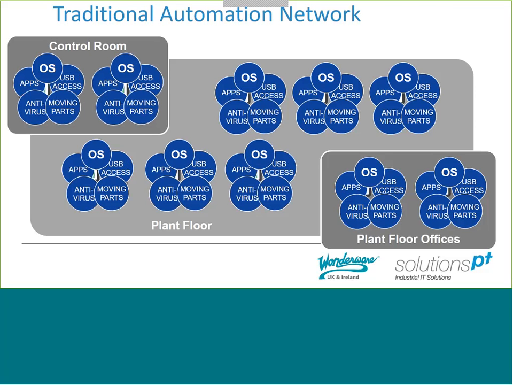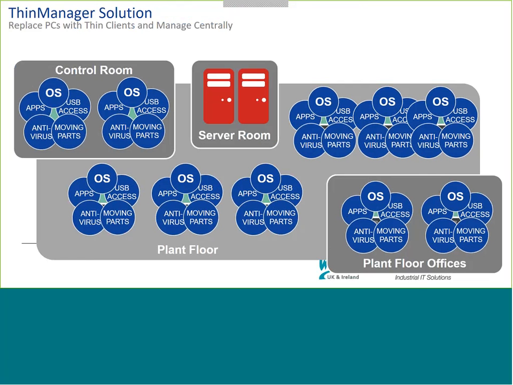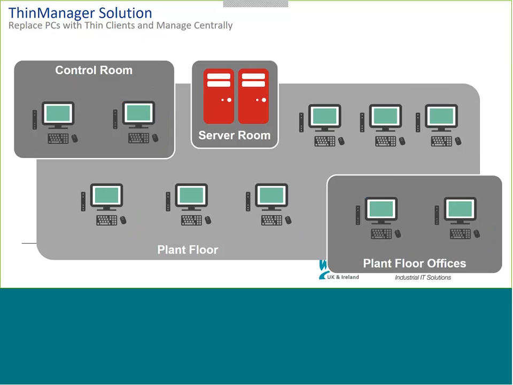So if we flip that and look at it in a Theme Manager environment, what we're first going to do is introduce a server room. So we've got a pair of terminal servers in here. The first thing we do is we take all of those bits of work, those things that need to be patched and managed, take them away, and we put them on the RDS servers in the server room.